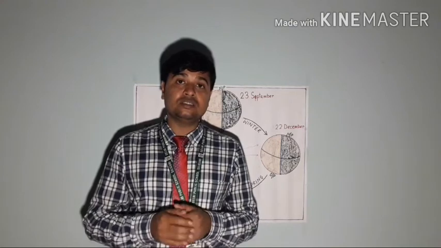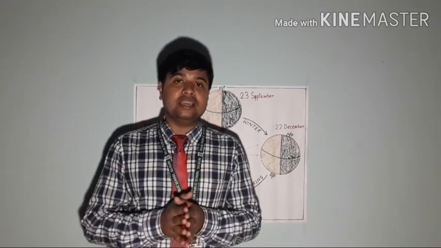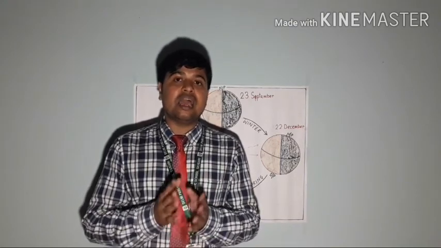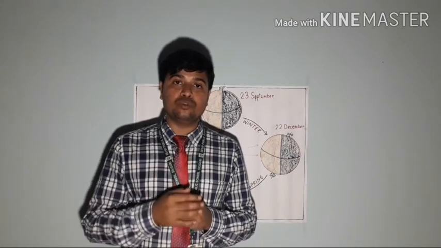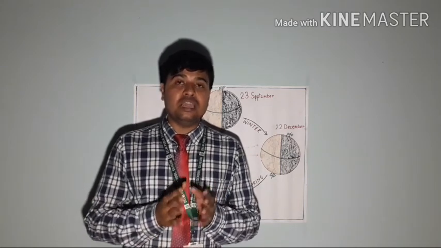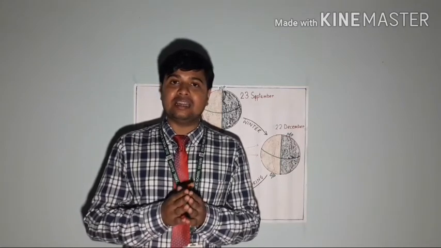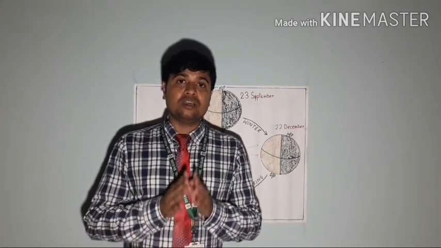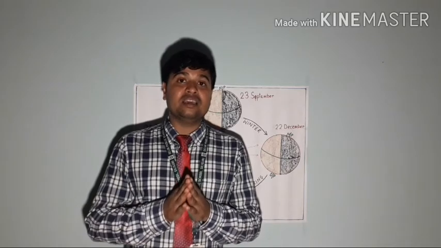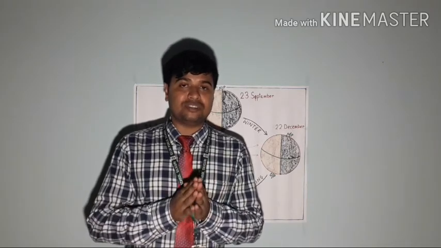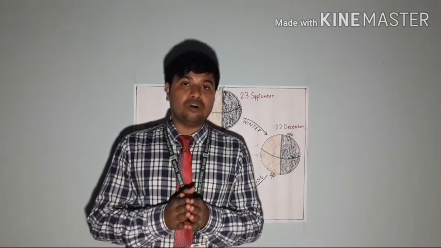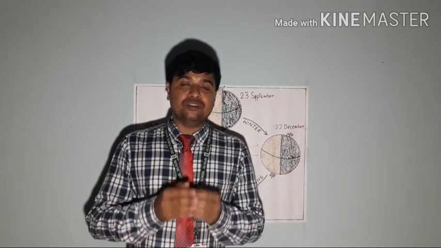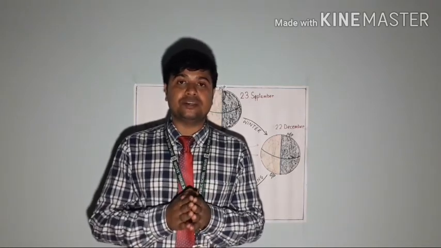Due to these reasons, the length of day and night is different at different latitudes. As we move from the equator towards the north pole or south pole, the length of day and night changes, but at the equator it is the same, 12 hours day and 12 hours night, because the equator gets vertical sun rays throughout the year.